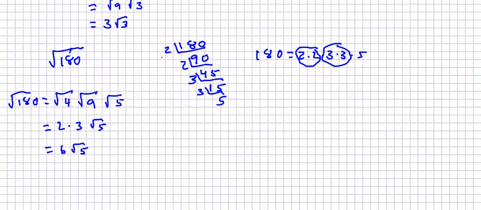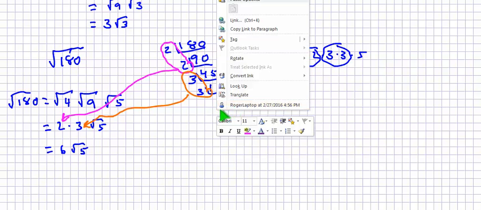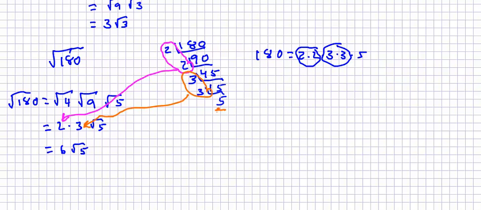Now, the other thing that you can do, I'll do this in a different color, you have these two 2's, they come out there as a 2. You have these two 3's, and they show up here. You have one lonely 5. One lonely 5 there. It shows up inside the radical.